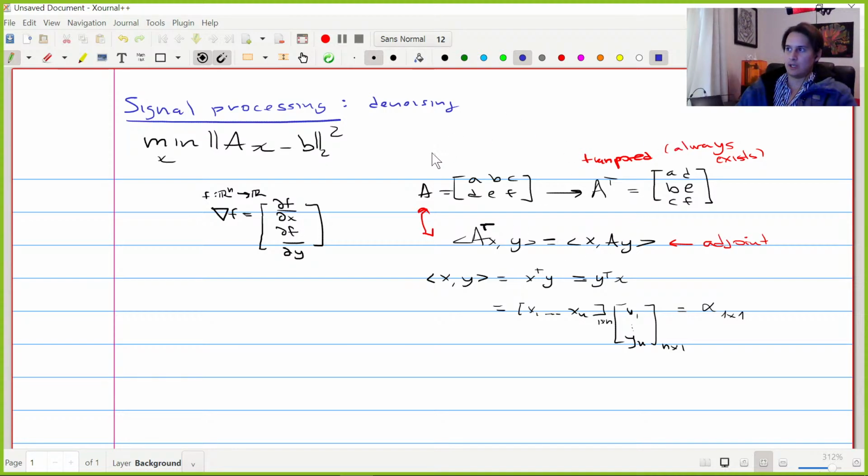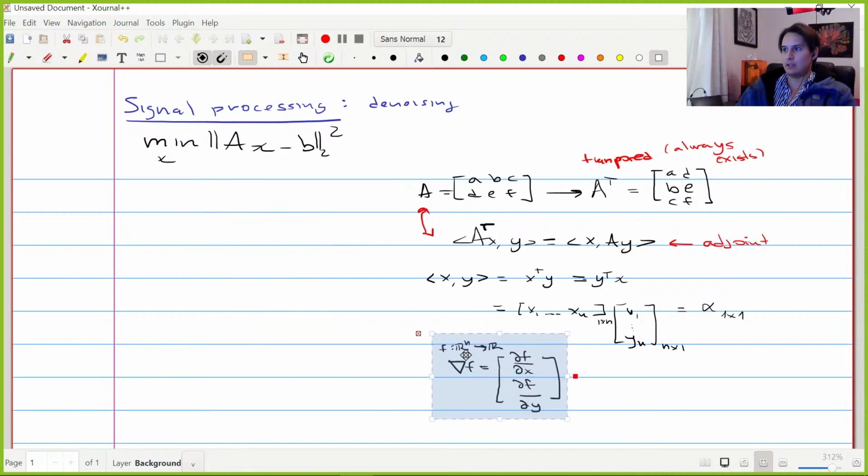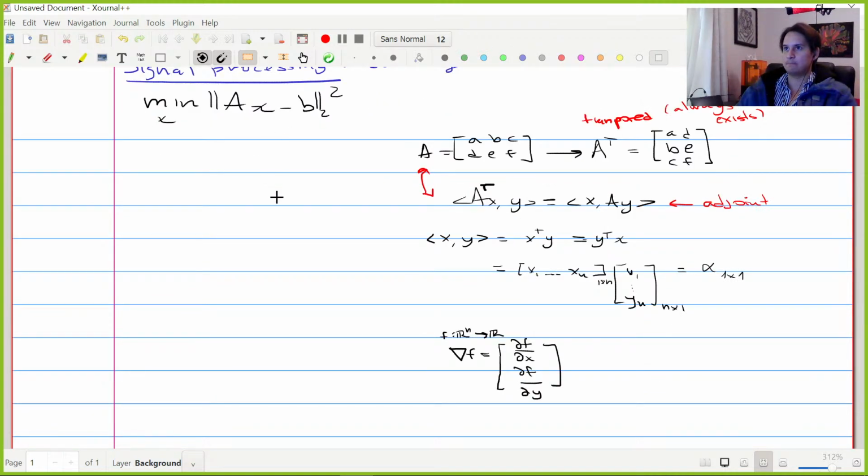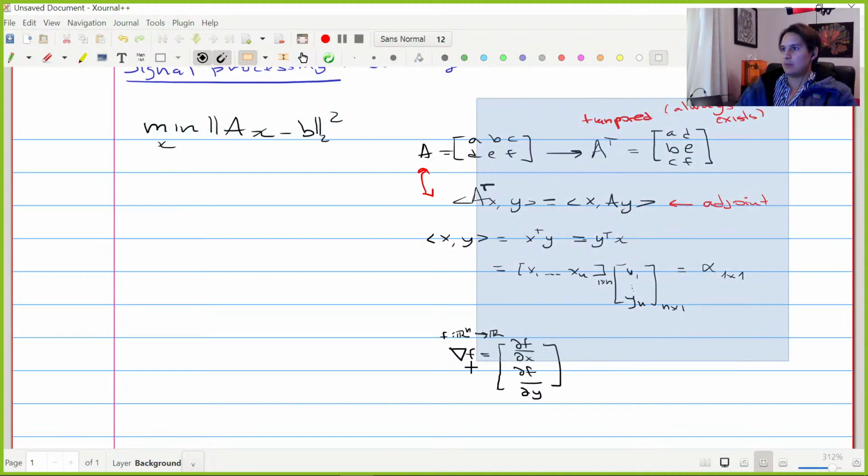And before the TA, we briefly mentioned that the transpose of a vector can be used to describe the inner product. And we briefly mentioned something about the gradients or the derivatives of a function or a multivariate function. Okay, so let's talk about signal processing.